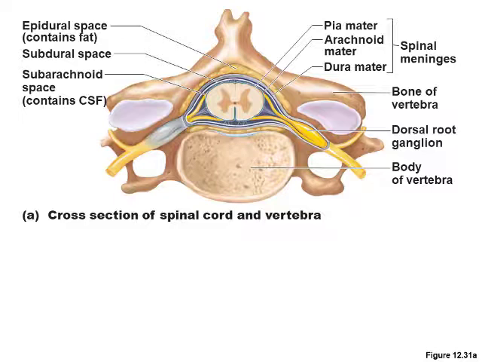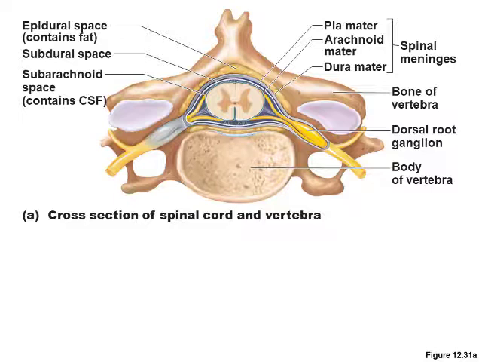If you see the structures around the spinal cord from outside to inside, first is the vertebrae, the bone I have already mentioned, because the spinal cord is located inside the vertebral column, right? So vertebrae. Then next is the epidural fat.